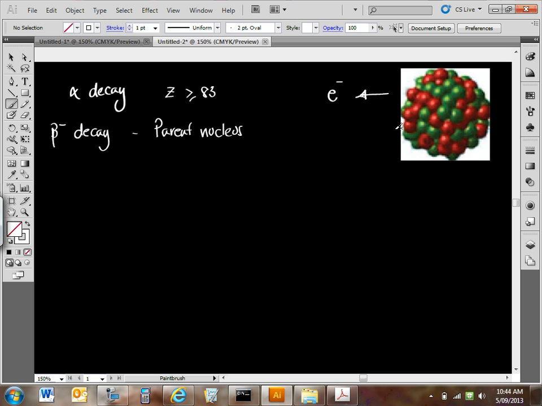And this is how I remember it. And don't ask me why. Don't ask any physicist why. A neutron has turned into a proton. That's what we say.